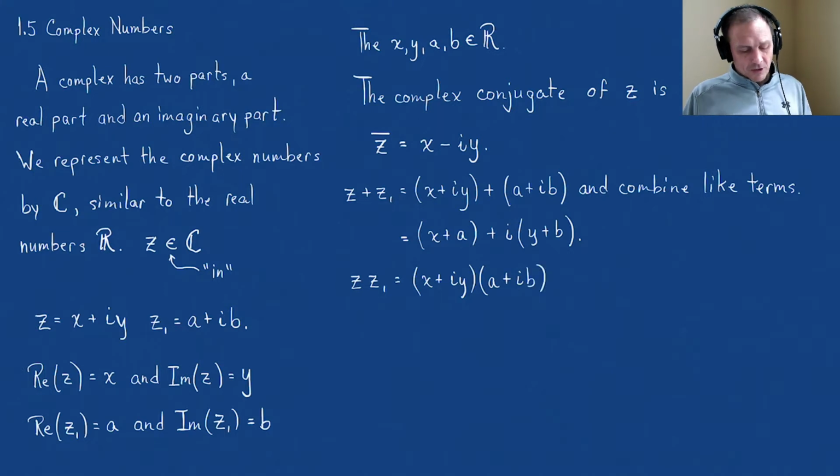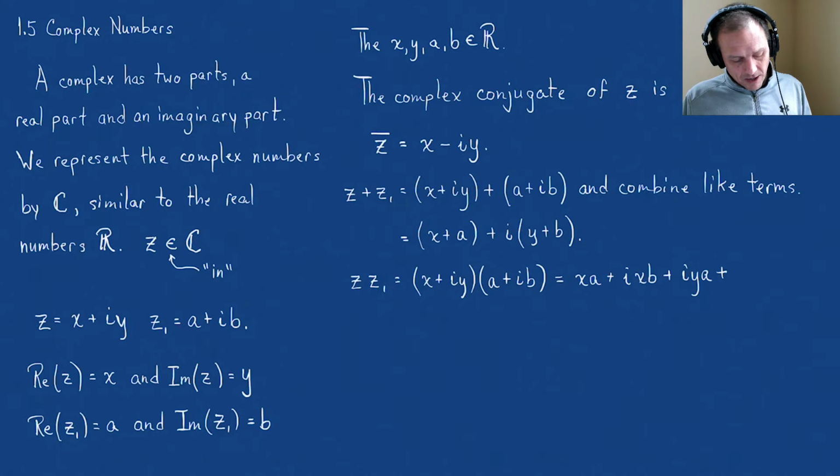And now we distribute like you would expect. So if I multiply the x through, I get x times a plus i times xb. And then if I multiply now by the iy, I get plus iya, then I get i squared. Oh, I pick up an i squared yb.